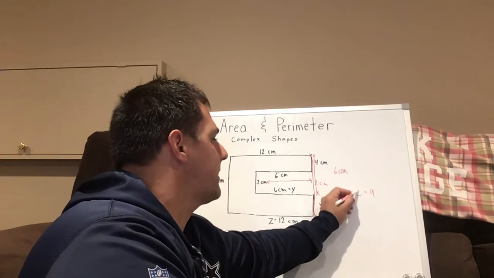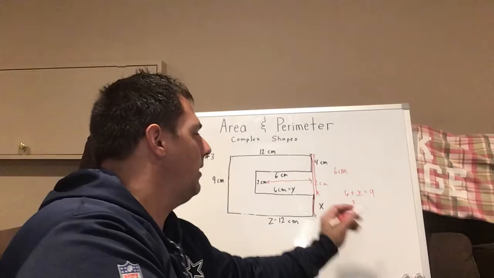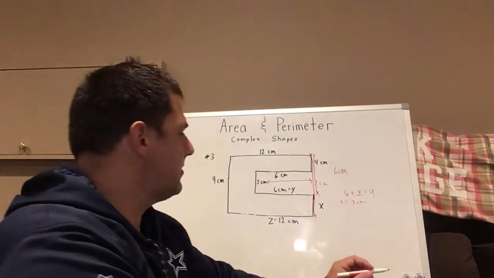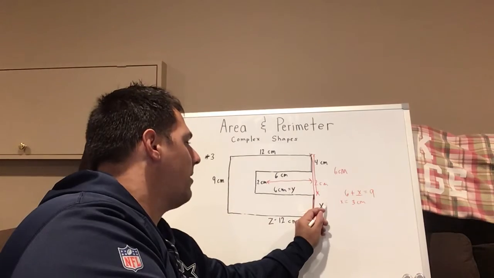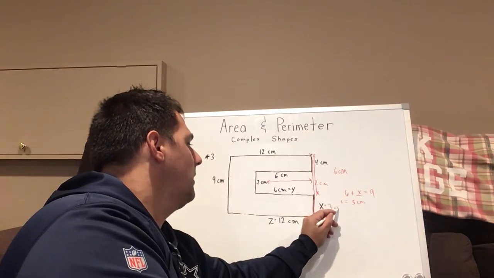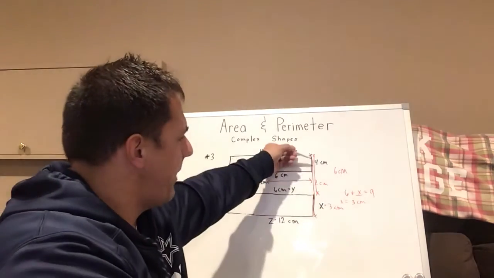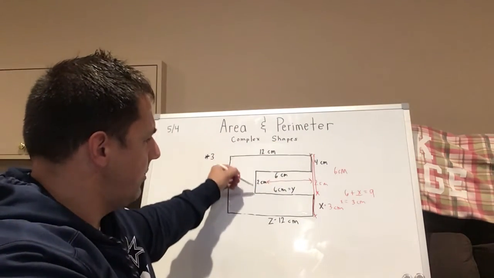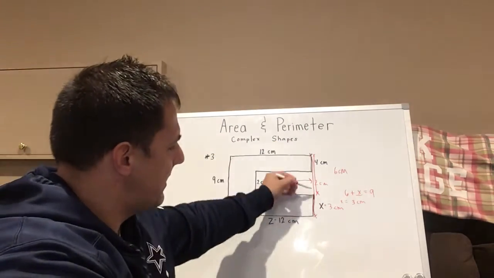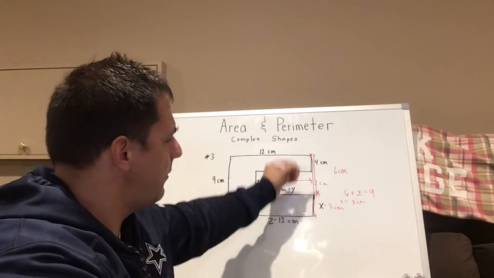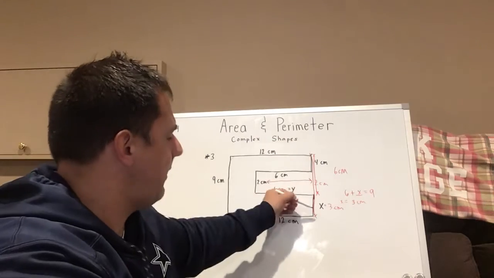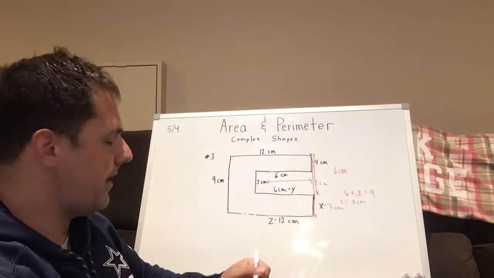So this is really 6 plus X equals 9. And therefore, I know that X has to equal 3 centimeters. So I'm going to write that now. X is 3 centimeters. So I know that 4, this line here, plus this line here, 2, is 6, plus this line here is 3. So 4 plus 2 is 6, and 3 more is 9. Now I know this whole length matches this line length over here.